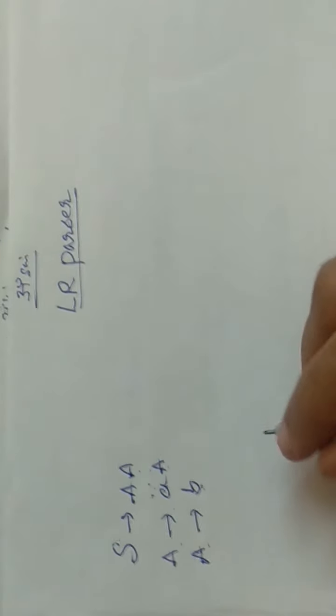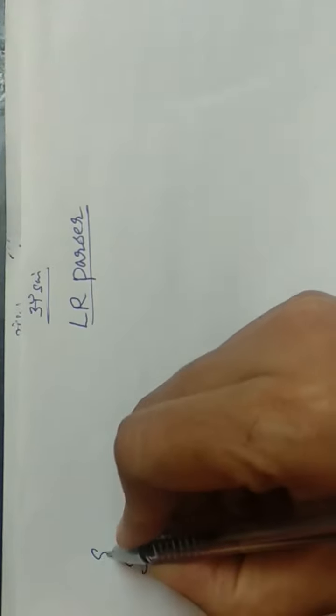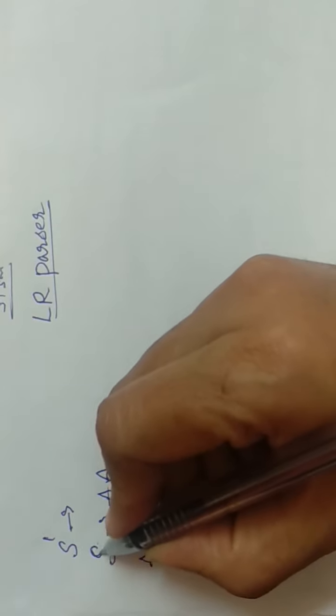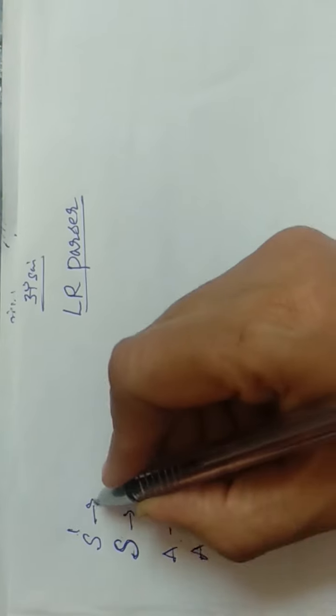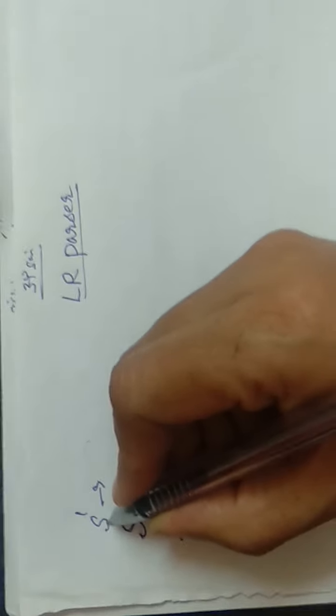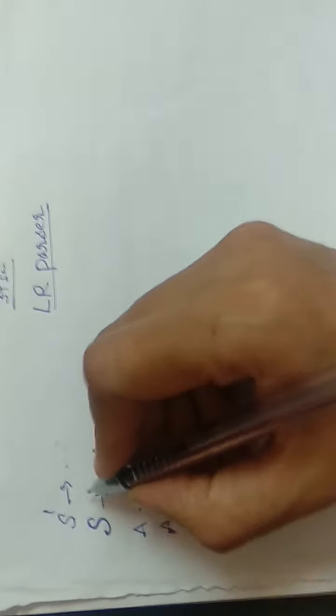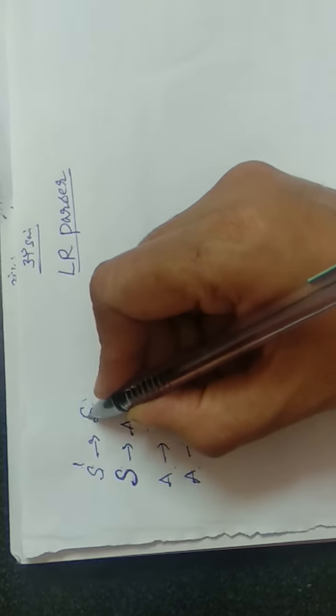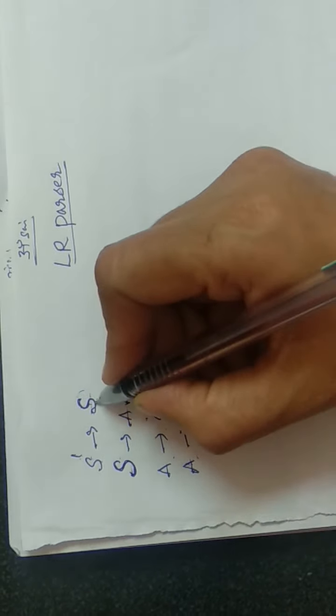What is that augmented grammar? For the given grammar, I am going to add one more production, S dash implies S. The right side body of this newly introduced variable should contain the start symbol S.